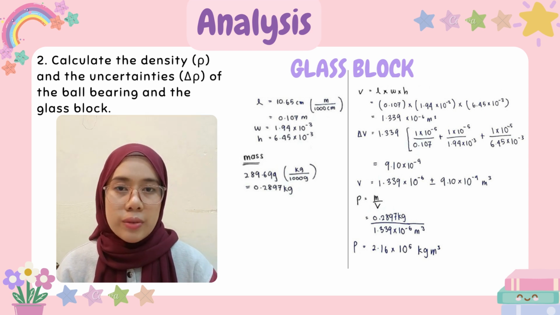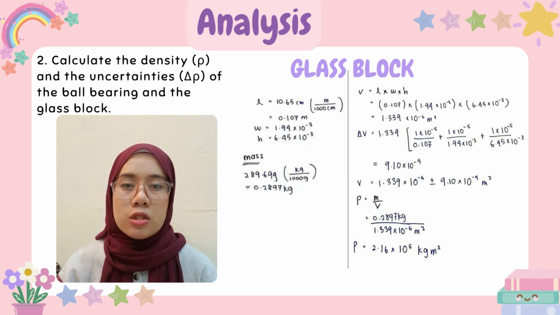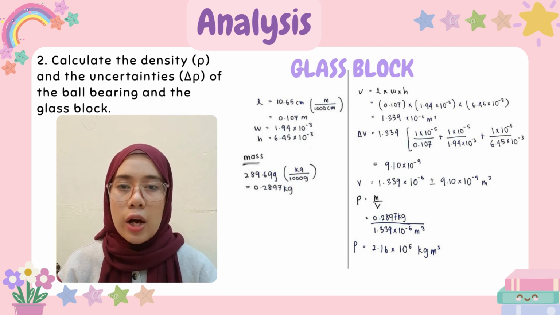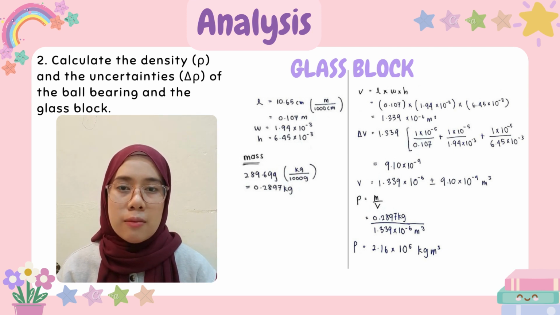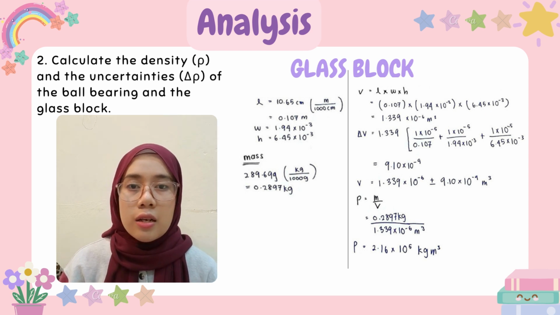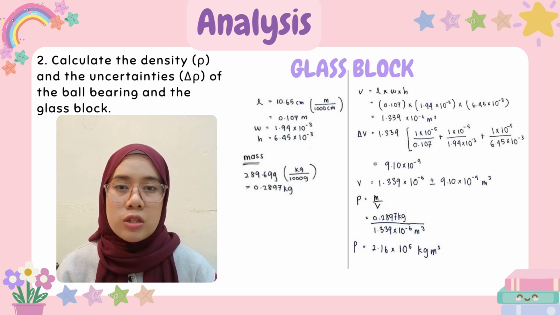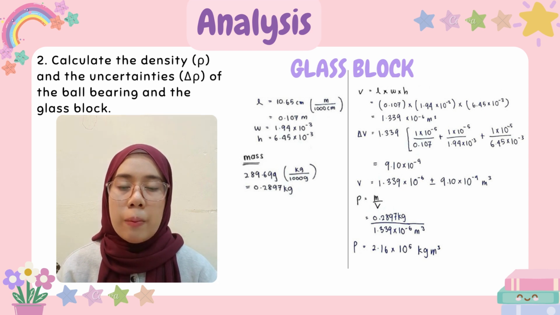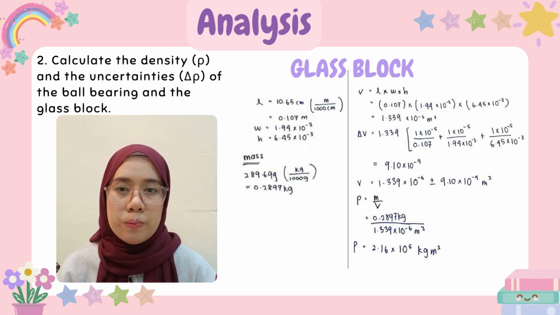So the volume equals 0.107 times 1.94 times 10 to the power of negative 3 times 6.45 times 10 to the power of negative 3. After calculating it, we got 1.339 times 10 to the power of negative 6 meter cube.